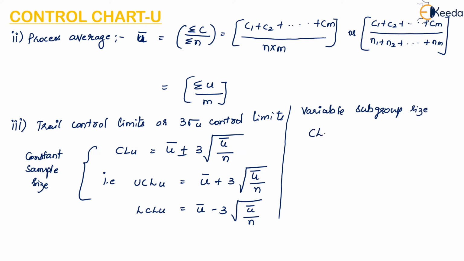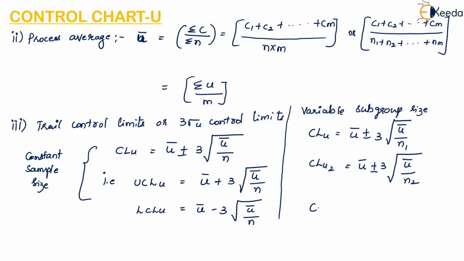So control limit for U chart is given by U bar plus or minus 3 into root of U bar by N1. This is for the first sample. In the same way, for the second sample, you can write it as plus or minus 3 into root of U bar by N2.